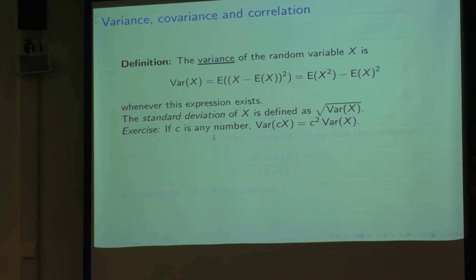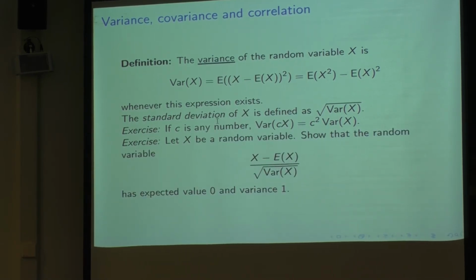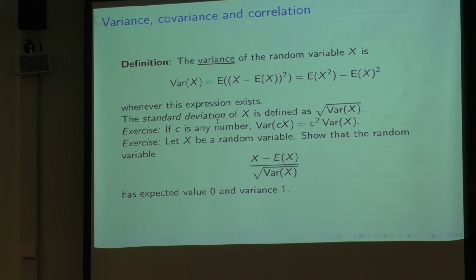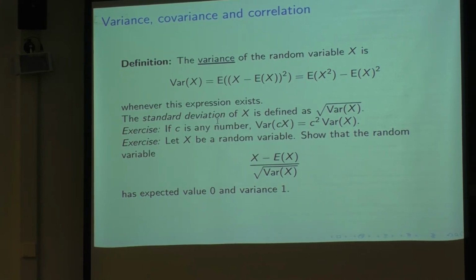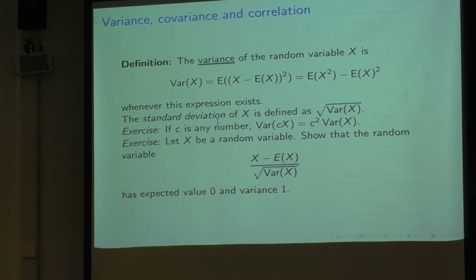And if you take your random variable x, subtract from it its expected value, and divide by its standard deviation, you're going to get a new random variable whose expected value is 0 and variance is 1. It's a normalized version of x.